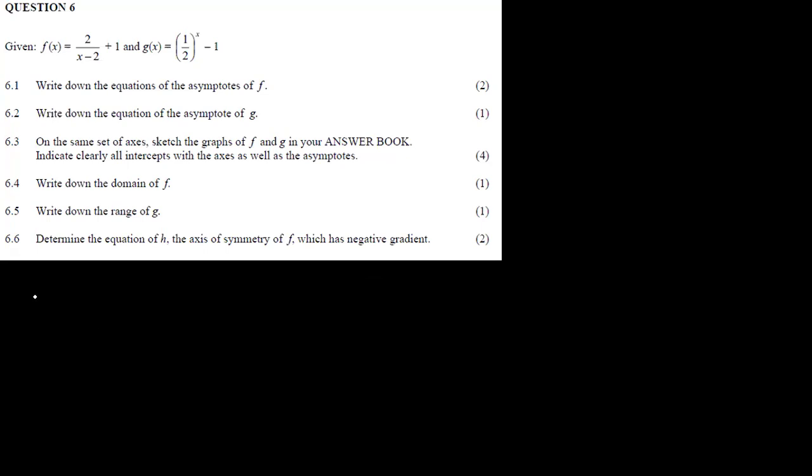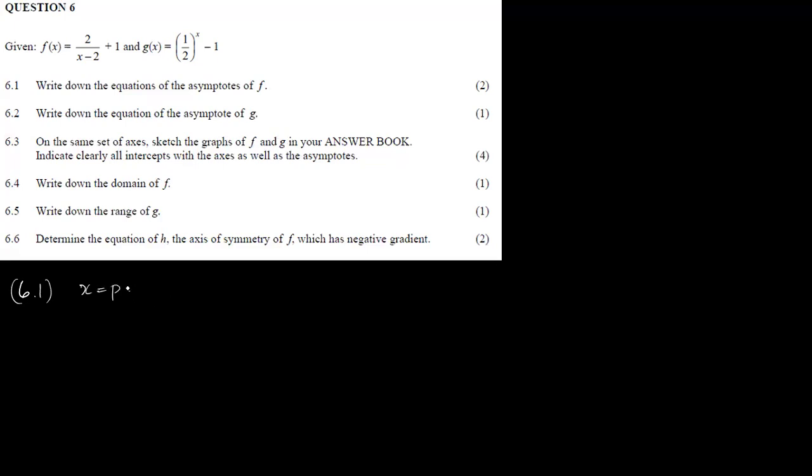So to answer question number 6.1, we're going to say the equations of asymptotes of f. I said to you it's P and Q. And P, by the way, corresponds with the value of x.